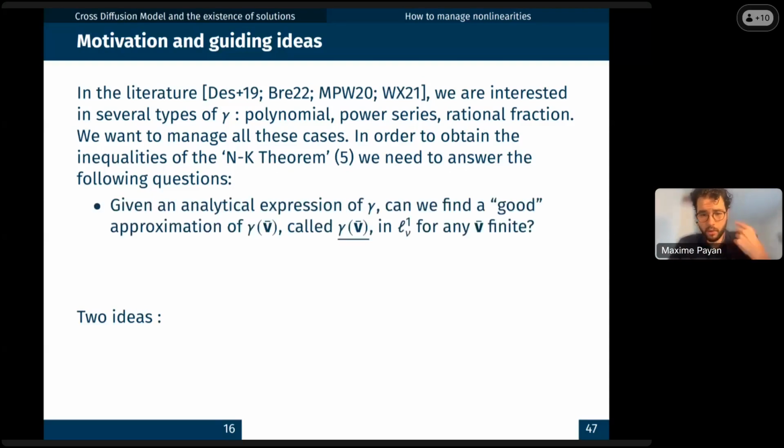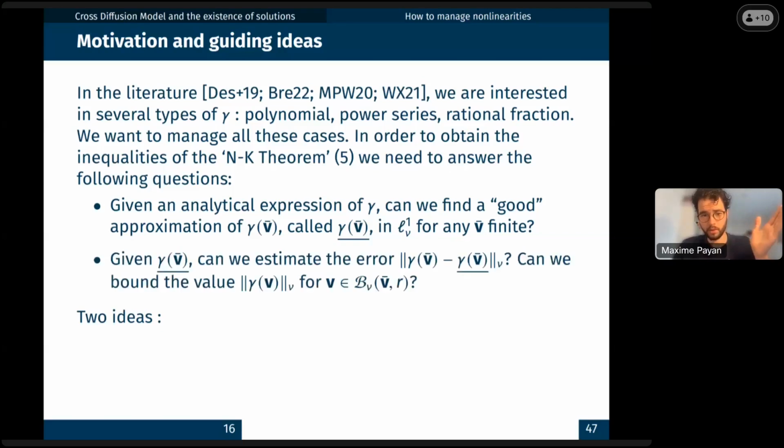So, two questions. Given an analytical expression of gamma, can we find a good approximation of gamma applied to a finite vector? We will call this good approximation gamma underline, in the Banach space. So this gamma underline is a finite known vector. And the other question: when we have an approximation of a vector, can we estimate the error between the approximation and the real object we want to know?